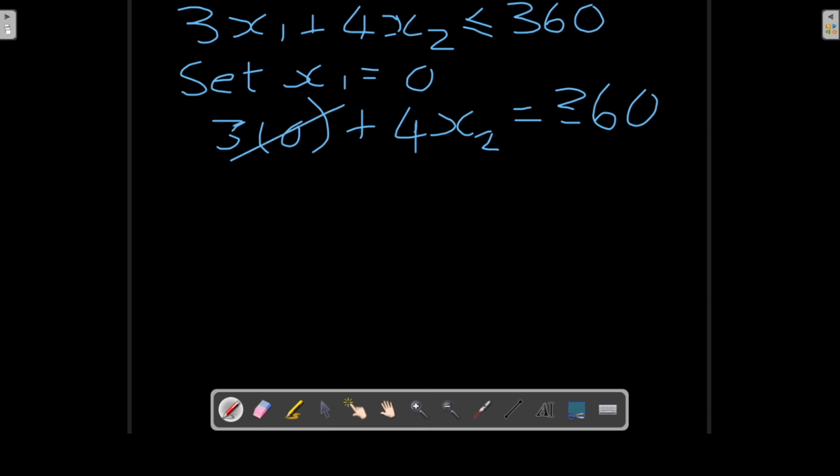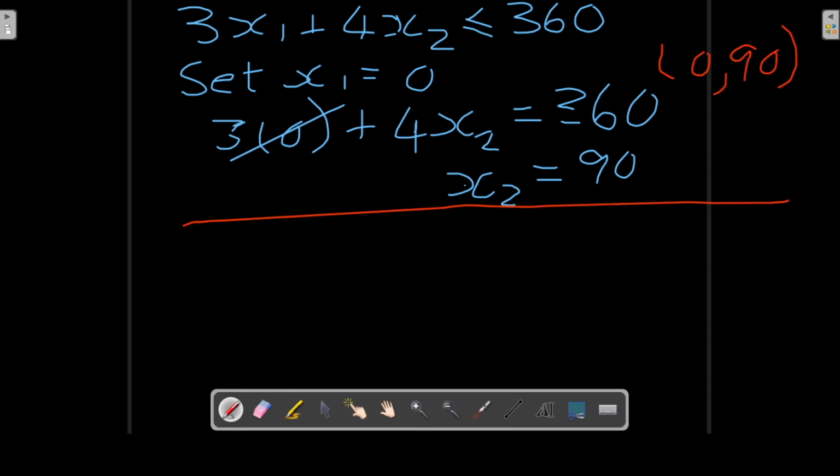This part will fall away. 4x2 equal to 360, which means that x2 must be equal to 90. So the point on the graph that we will use will be the point (0, 90).